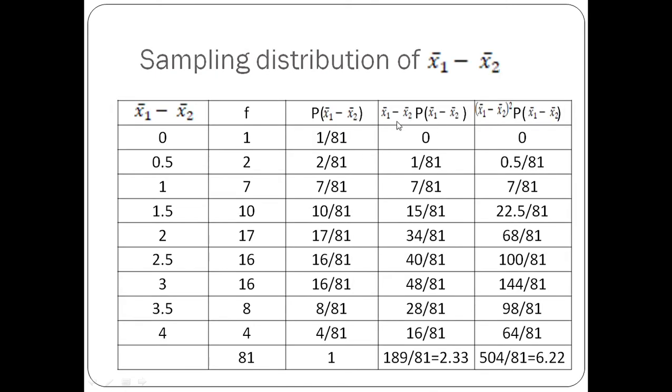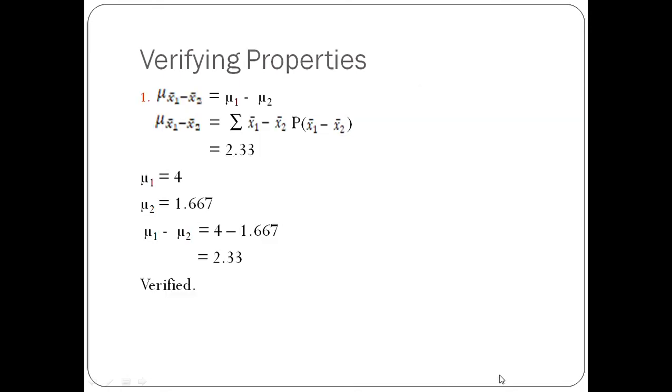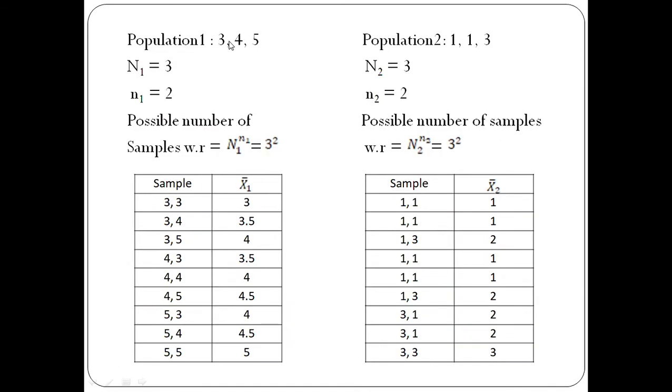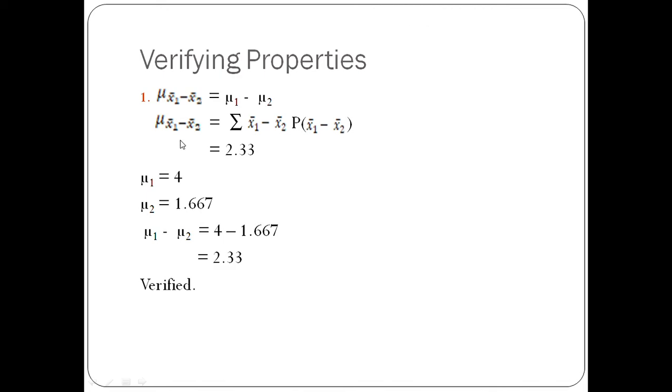This is the sum of this column, and it is 2.33, so I have directly written 2.33. Now I computed mu1 from the population and mu2 from the other population directly, and then found the difference. The difference is exactly the same, so the first property is verified.